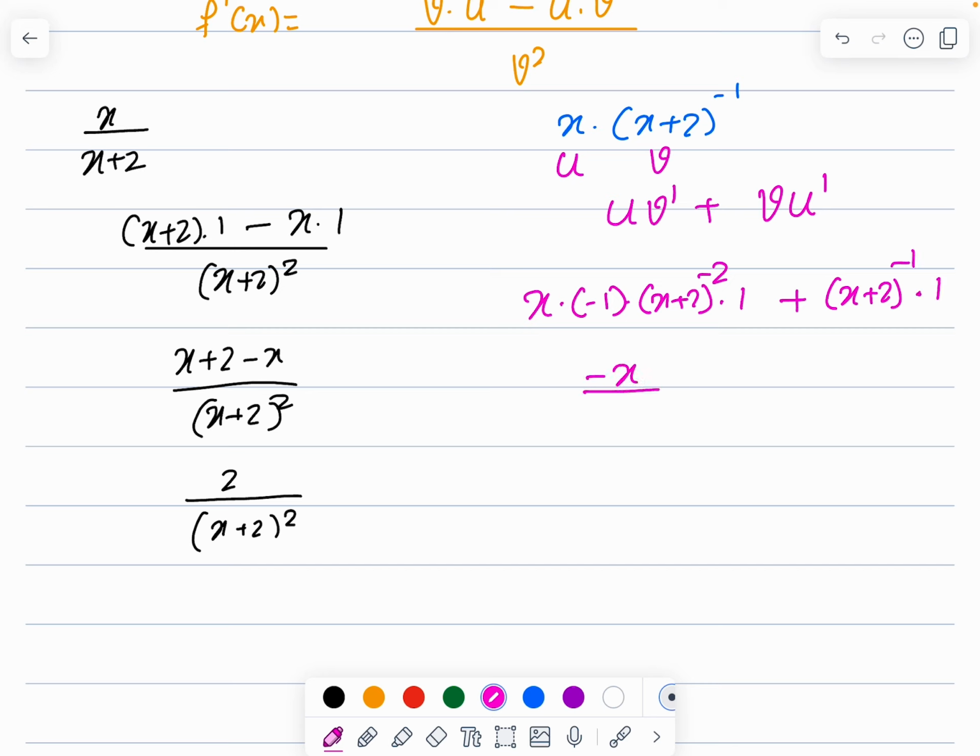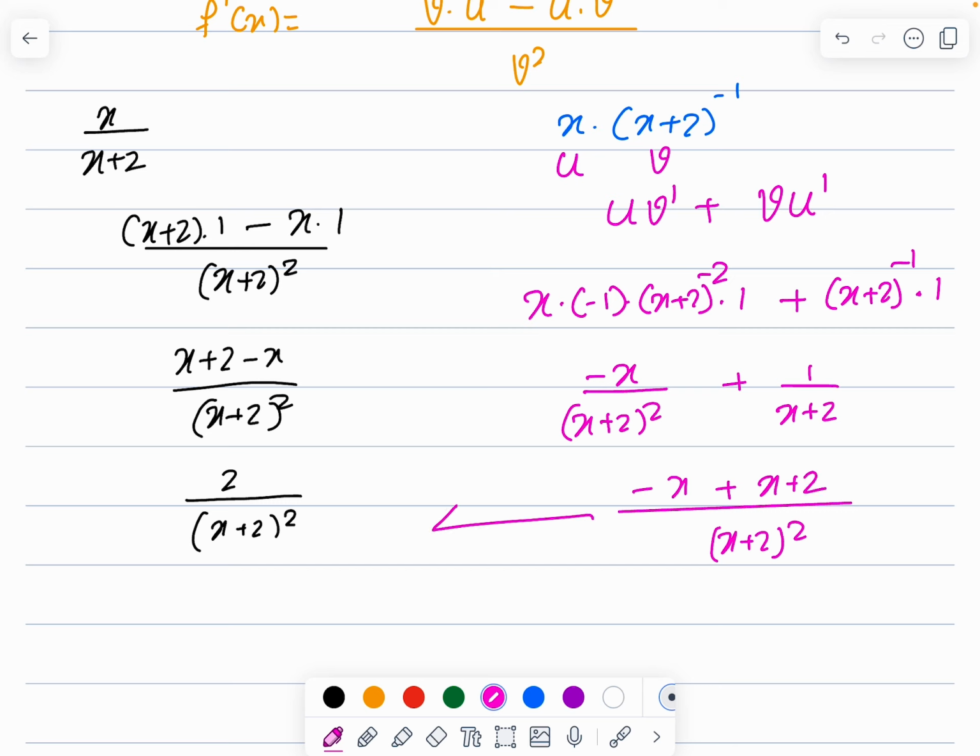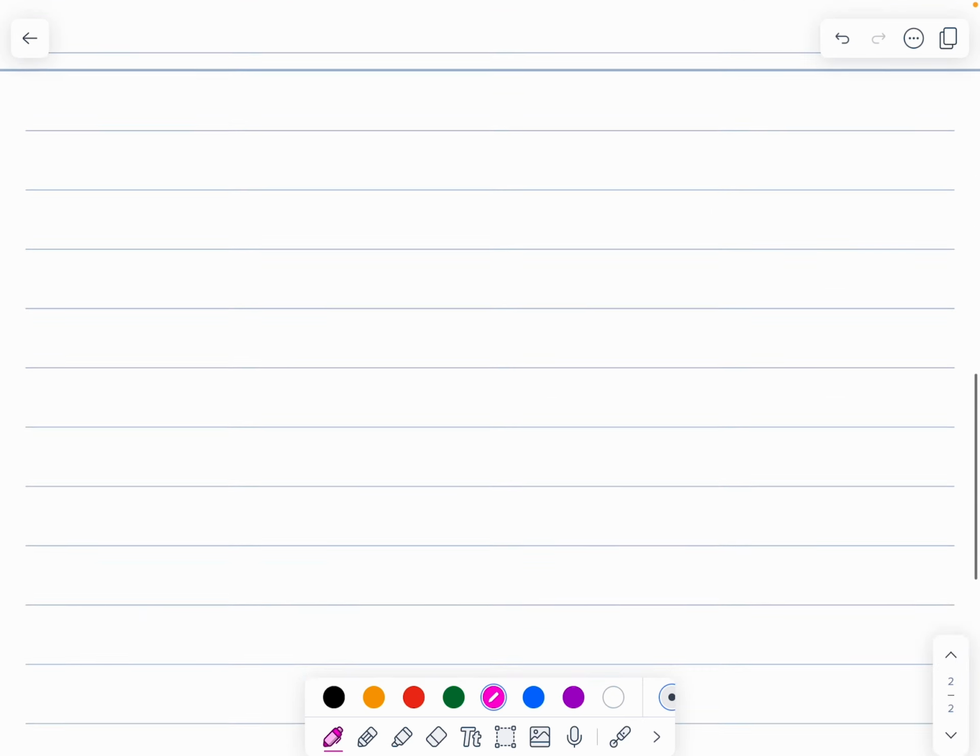Writing it out in order: negative x upon x plus 2 whole square plus 1 upon x plus 2. Write the common denominator, x plus 2 whole square, with negative x and one more x plus 2. When you simplify, you get the same answer. Irrespective of quotient rule or product rule, you will get the same answer, but following the quotient rule formula will make our life easier.